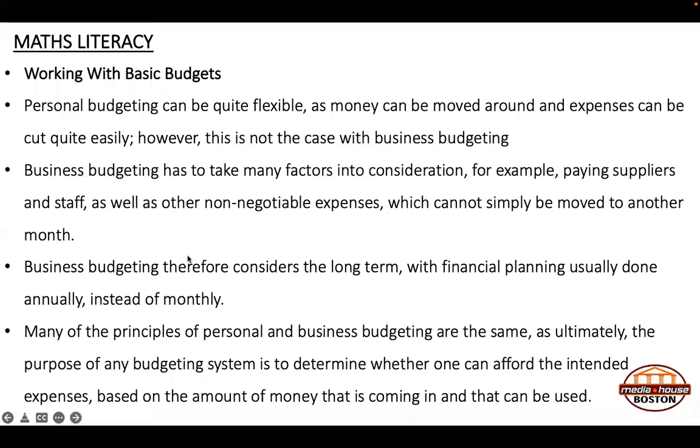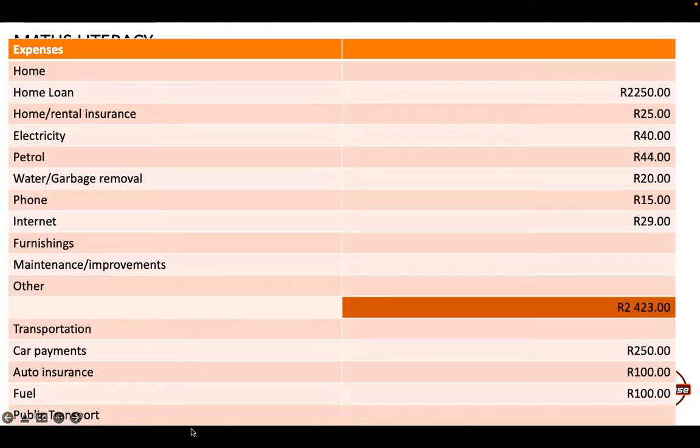So personal budgeting can be quite flexible as money can be moved around and can be cut quite easily. However, this is not the case with business budgeting. So how would you guys assume business budgeting is different from personal budgeting?